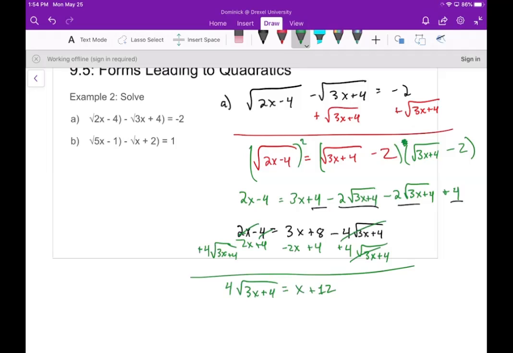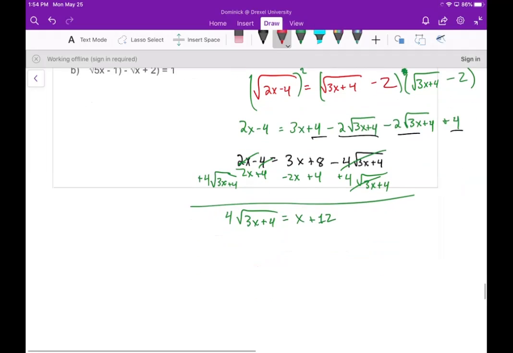Okay. So now you can either divide by 4 or you don't even have to. Let's just leave the 4 on this side so that this FOIL is a little easier. And we're going to get 16 times 3x plus 4 is equal to x squared plus 24x plus 144.